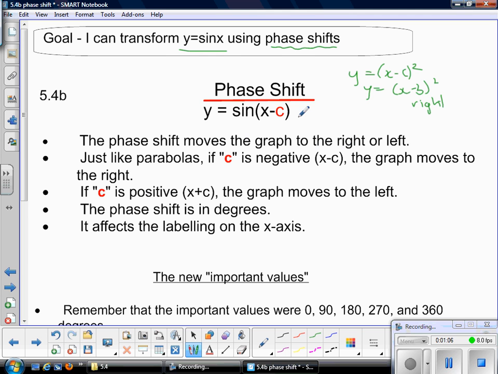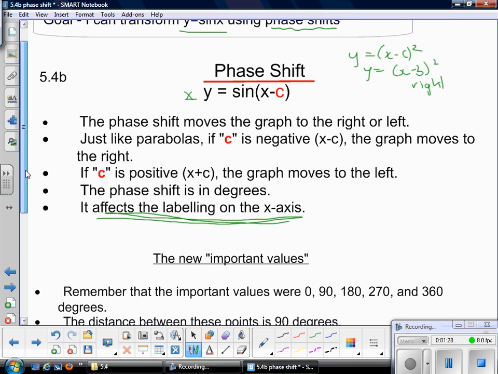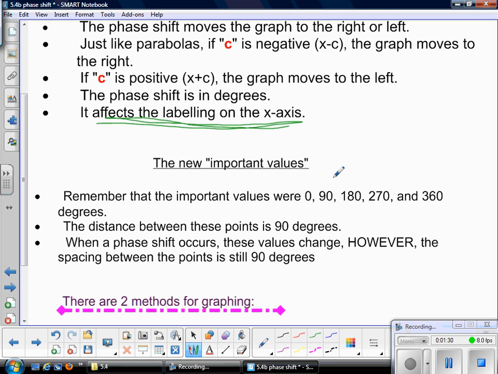Okay, so that's the important thing that you have to watch out for, because it moves it in the opposite direction. Now the phase shift is always in degrees. So the number that you're going to have for C is going to be like 30 degrees, 45 degrees, 15 degrees. Okay, and what happens here, it affects the labeling on the x-axis. So what it creates is what we call new important values.